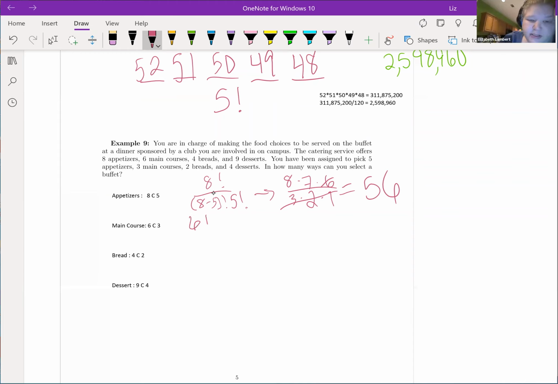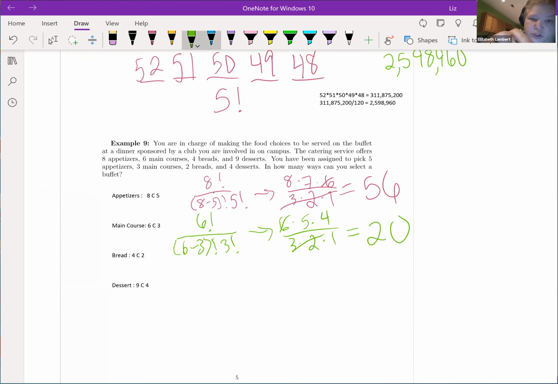Now, 6, change colors. 6 factorial over 6 minus 3 factorial times 3 factorial. 6 times 5 times 4 over 3 times 2 times 1. 20. 20 ways to do the main course selections.